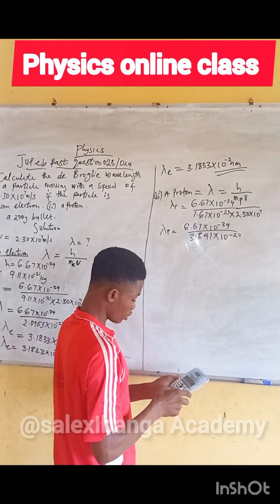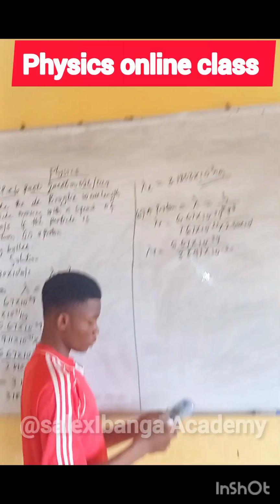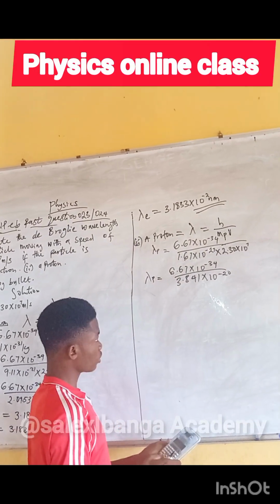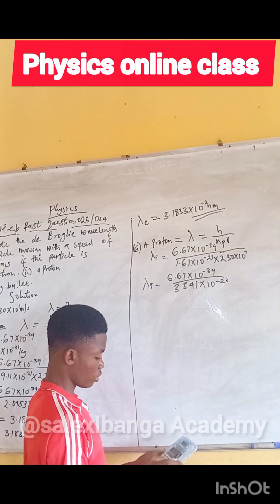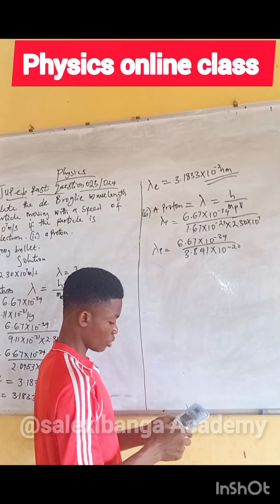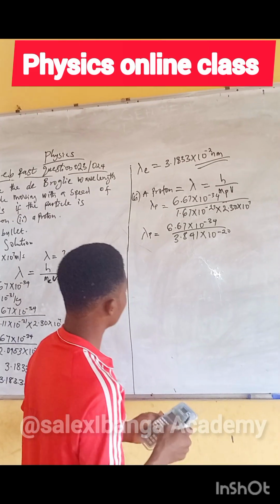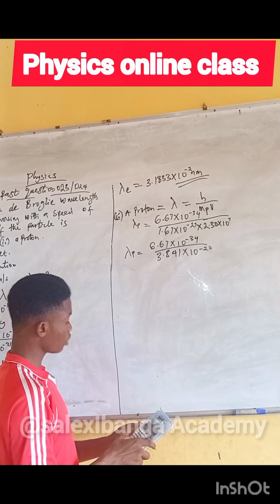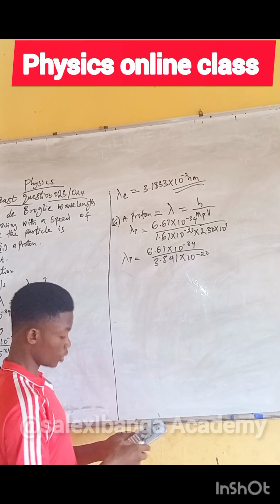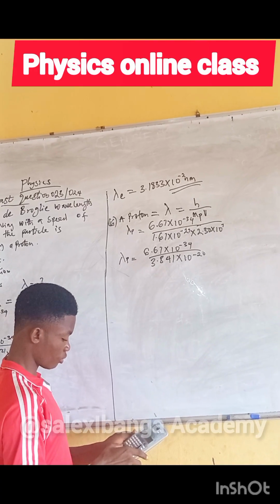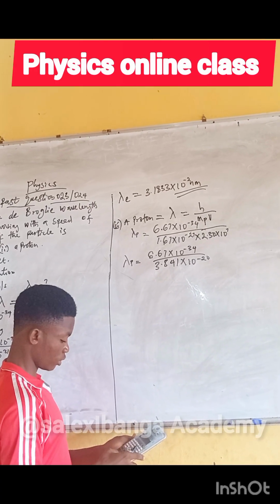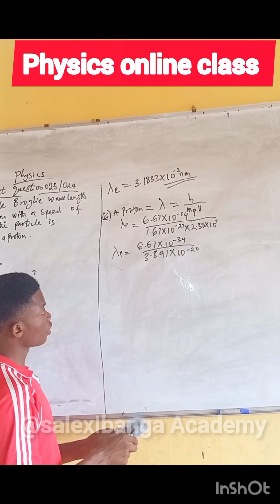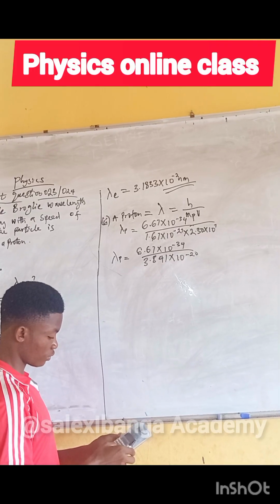So 6.67 times 10 raised to the power minus 84 divided by 3.841 times 10 raised to the power minus 20.